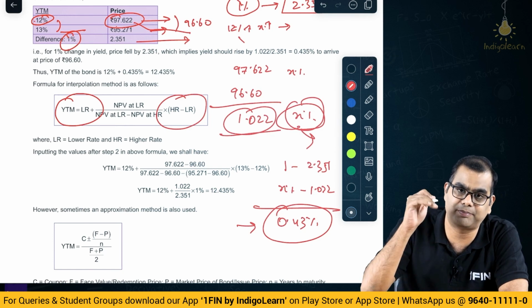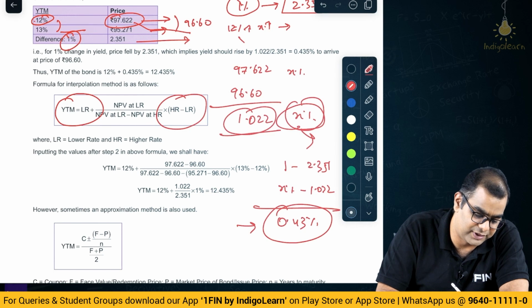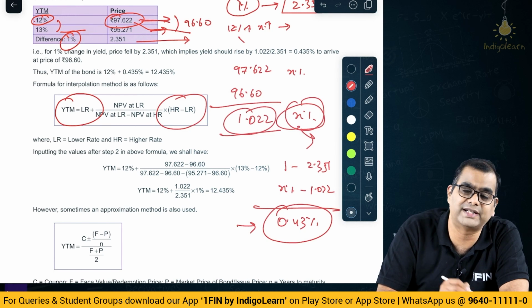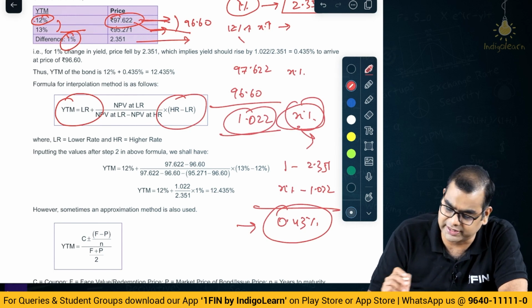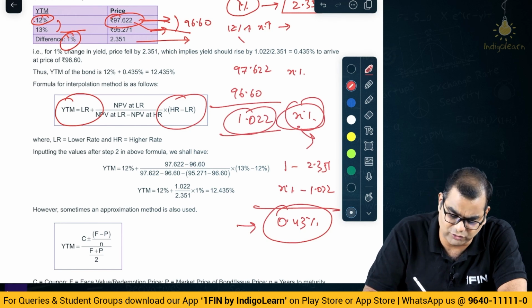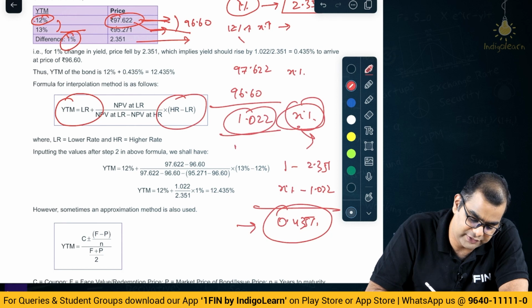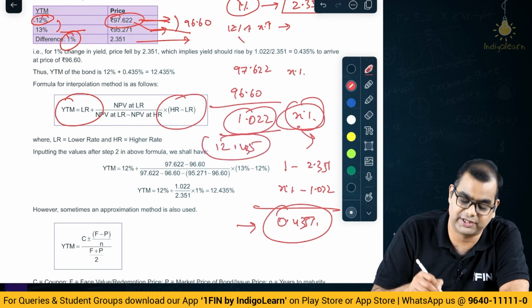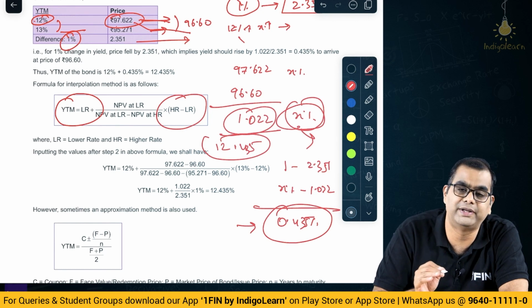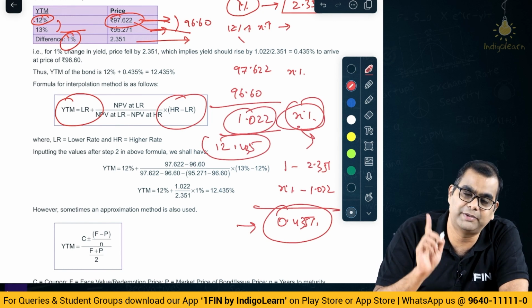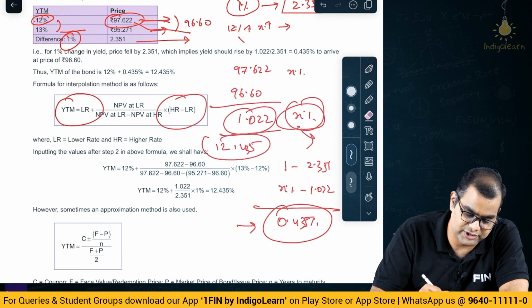If the rate increases, price decreases. So, if the price has to fall from 97 to 96, you have to add this 0.43. It is 0.4347. So, I will take 0.435. So, you add 0.435 to 12. So, you will say at the yield of 12.435, the price will be 96.6. If you have not understood this, there is this formula.